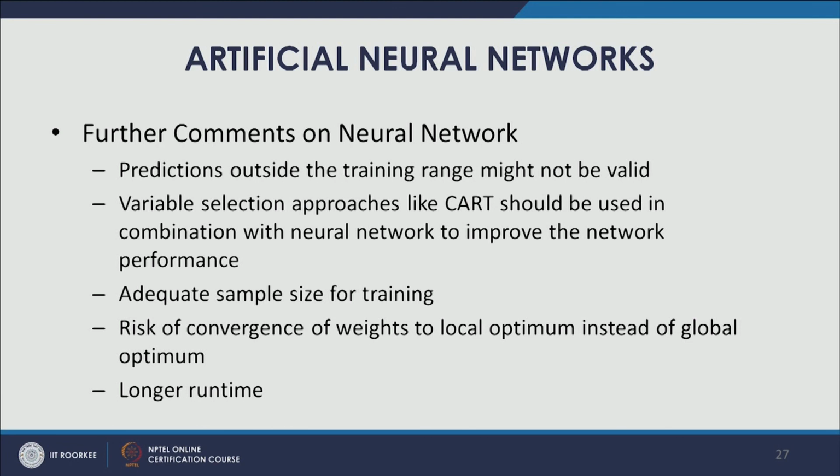We discussed this, and there are different algorithms available. As we talked about the parameter momentum, many algorithms have implemented such features to avoid getting stuck in the local optima and achieve the global one. Another disadvantage of neural networks is a longer run time.